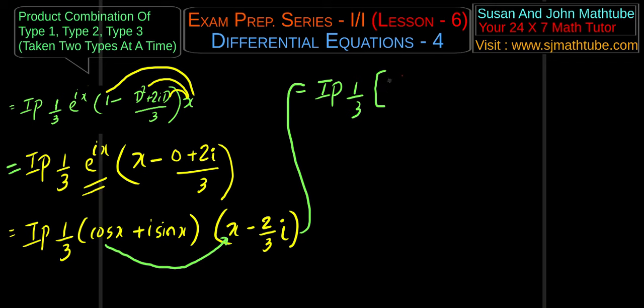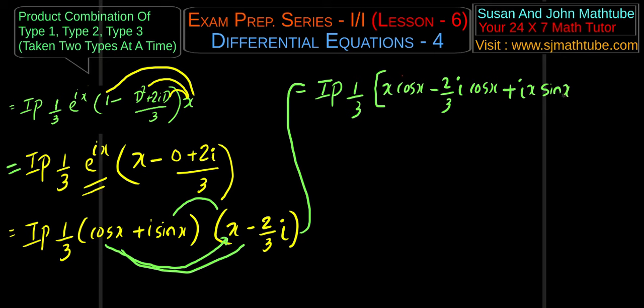So we get x into cos x, then minus 2 by 3i into cos x plus i x into sin x, and i square is minus 1, so that becomes plus 2 by 3 sin x.